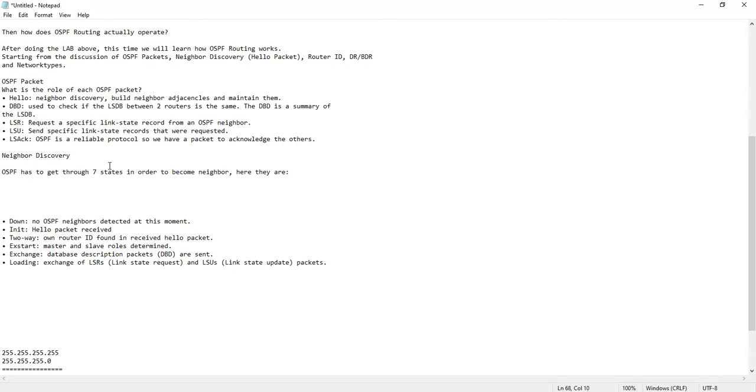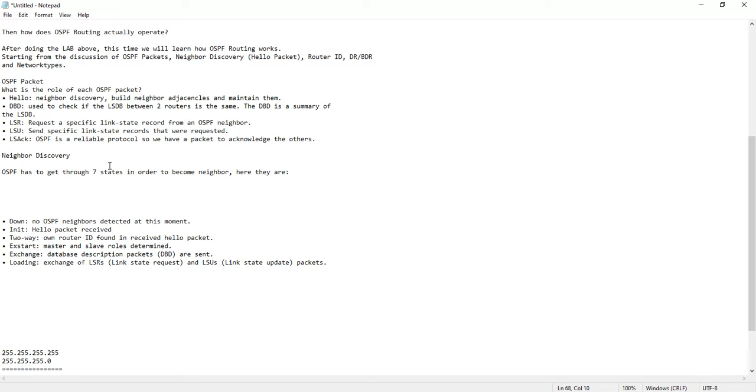Neighbor discovery: OSPF has to go through 7 states in order to become neighbors. Here they are. First is down: no OSPF neighbors detected at this moment. Second is init: hello packet received. The third is two-way: router ID found in the received hello packet. The next is exstart: master and slave roles determined. Then exchange: database description packets DBD are sent.